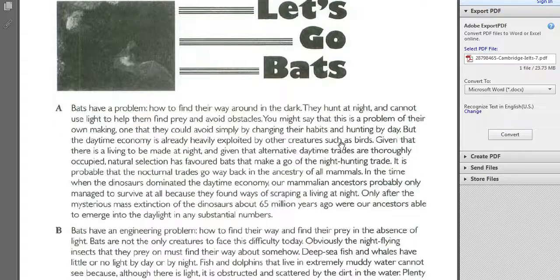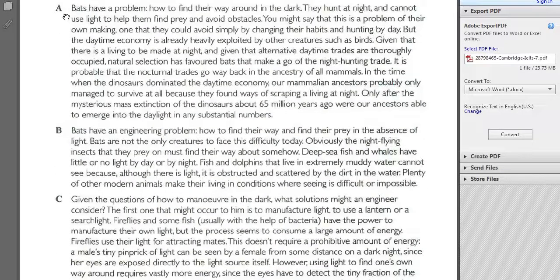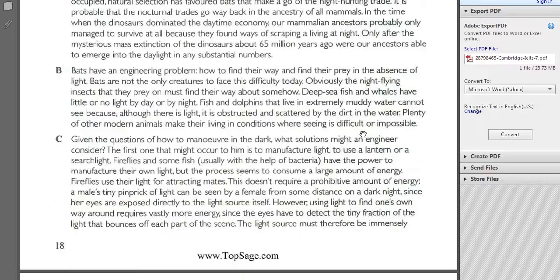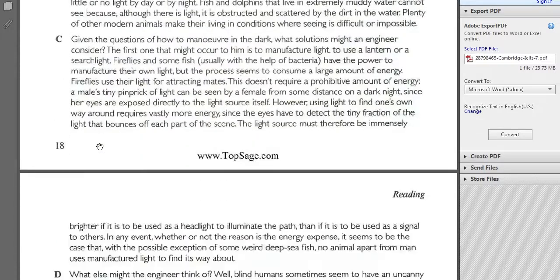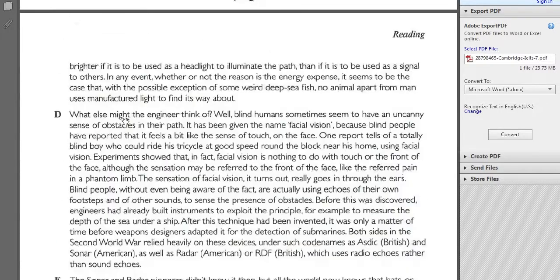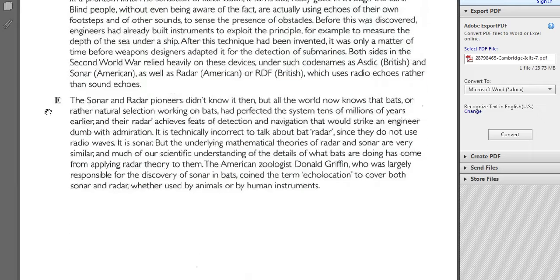Then you need to read the introduction, and then read the topic sentences of each paragraph. Paragraph B, C, D, and E, the whole text.